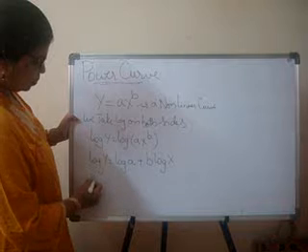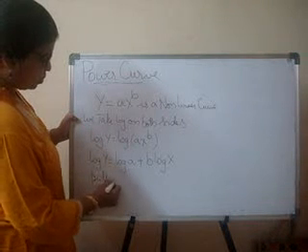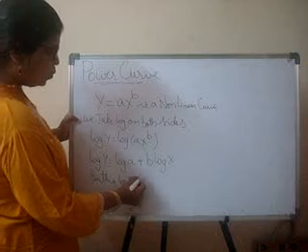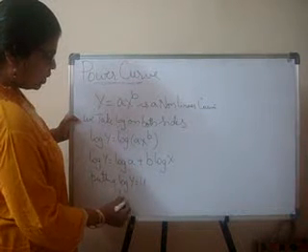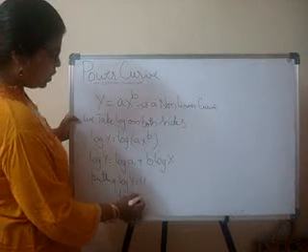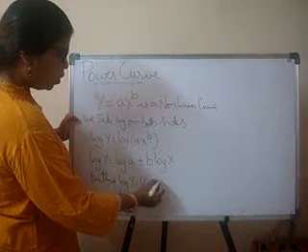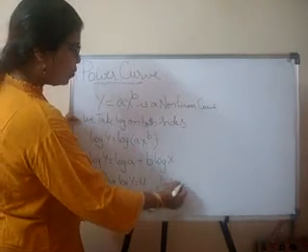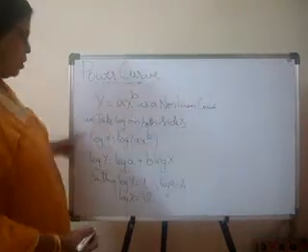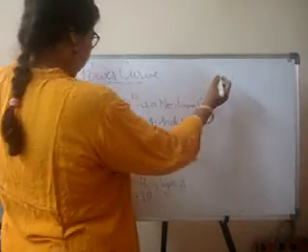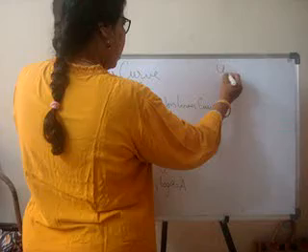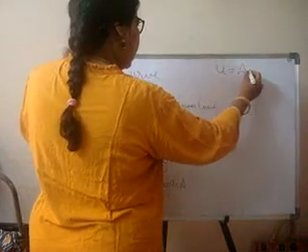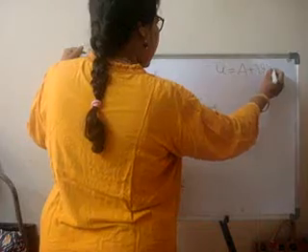So put log y equals u, log x equals v, and log of a equals capital A. This equation will reduce to u equals A plus b v.